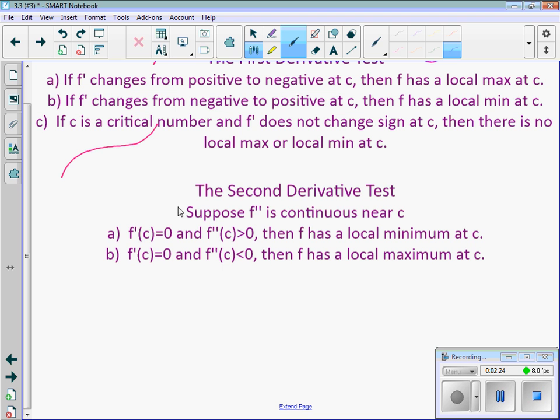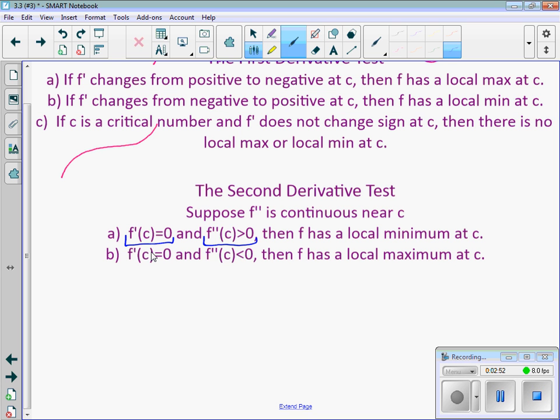But the second derivative test says, if the second derivative is continuous, and the first derivative is 0 and the second derivative is greater than 0, this is telling you that it has a horizontal tangent, and this is telling you that it's concave. When the second derivative is greater than 0, it's concave up.